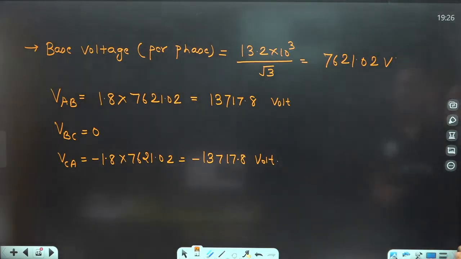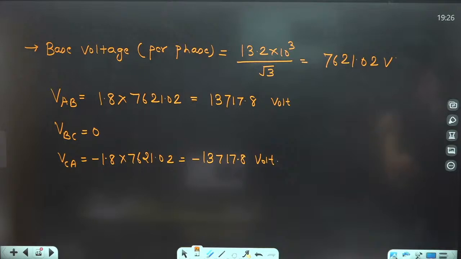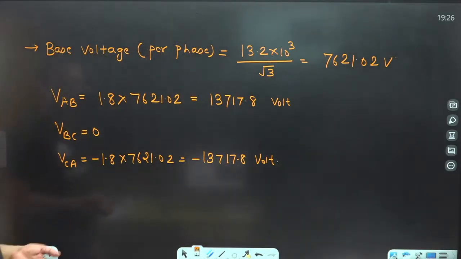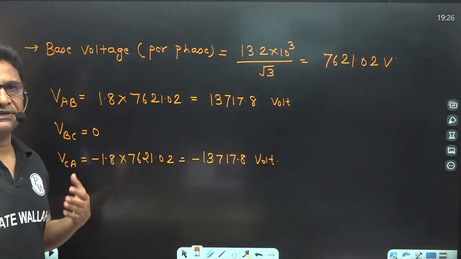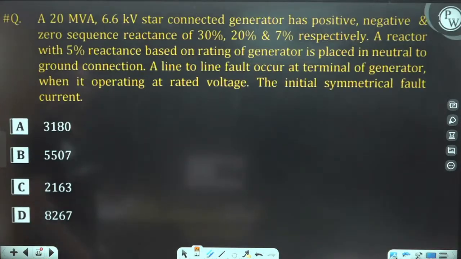So your catch is that when you have to get the actual line voltages, you have to take the base voltage as a per phase voltage only. Clear? I took these questions so that you know how to find not only the fault current but the phase voltages, phase currents, line voltages. So in this way you can find every quantity.